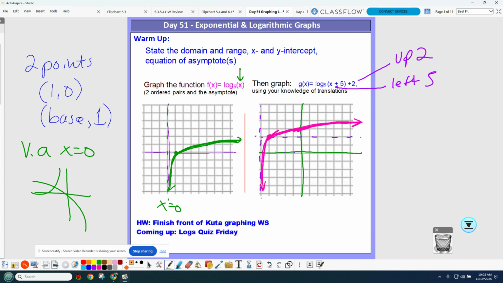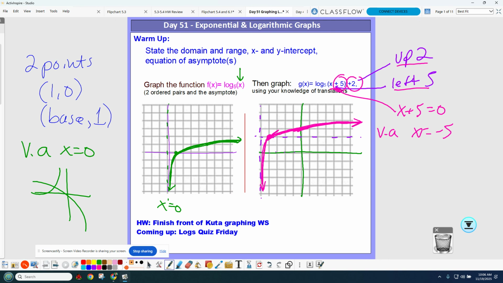Okay, so my real origin is here. She told me that looking at these things, the function got moved up 2 and left 5. Oh, and the left 5, where is that argument 0, setting it to 0 and solving? That is the equation of my vertical asymptote.